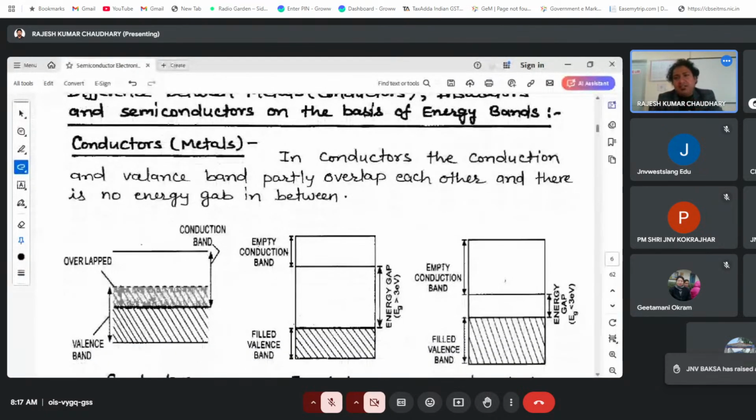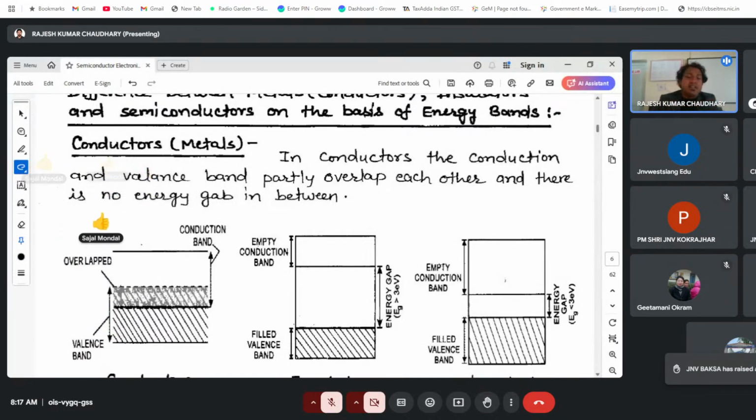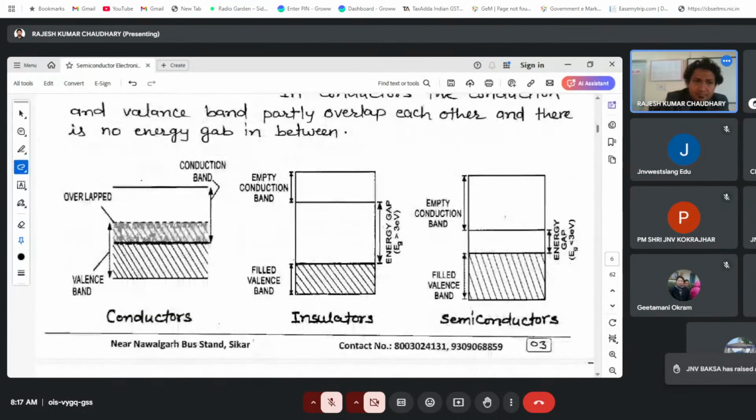If that atom is an atom of a conductor, their distortion will be like this, in which the valence band will overlap the conduction band, you know.